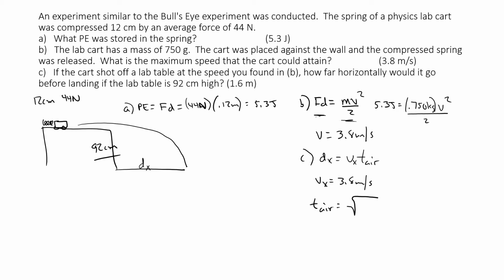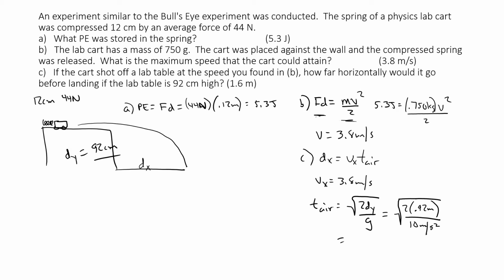Well, time in the air is the square root of 2 dy over g. So we have the square root of 2 times 0.92 meters. Again, this is my dy here. This is how far we're going to fall. But we need to make sure those units are in meters. Again, to make sure everything matches up, over 10 meters per second squared.